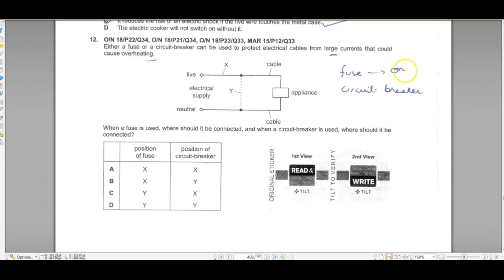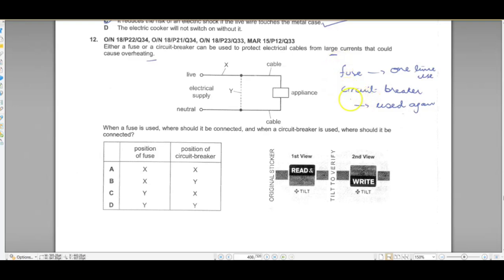Okay? It's for one-time use. And the circuit breaker can be reset again. Okay? It can be used again after it has done its work, after preventing a large current from flowing in. So the only difference is this.